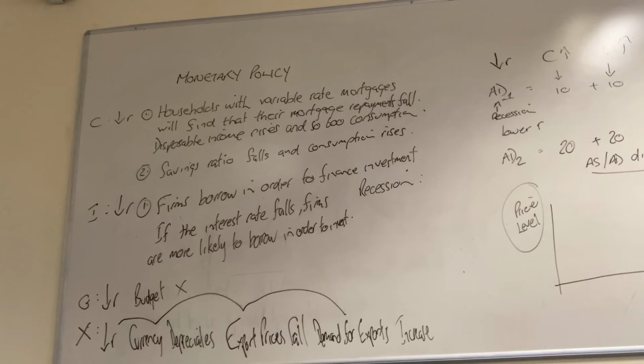Okay, so what does an AS curve look like? What does an aggregate supply curve look like? Well, if I said to you in micro, that's what a supply curve looks like. So what does an aggregate supply curve look like?